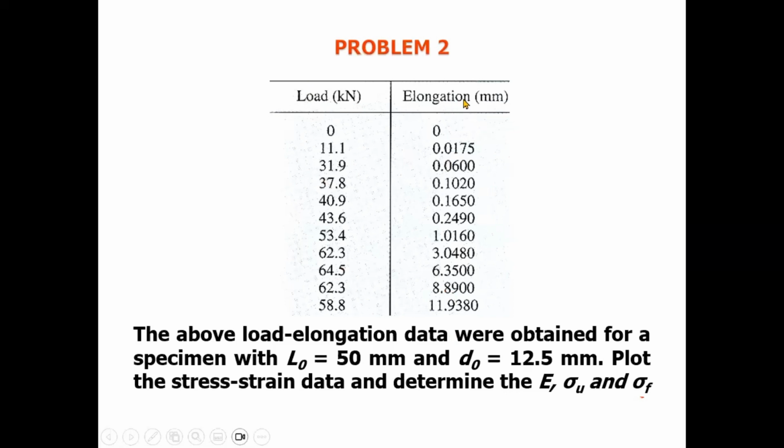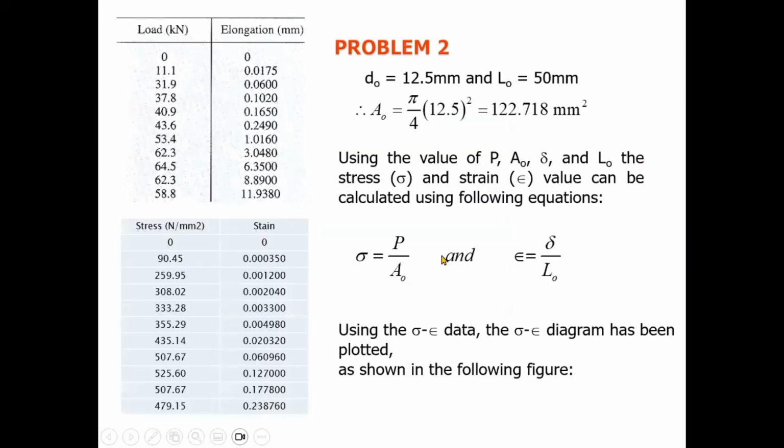It is in kilonewton and in millimeter. 0 is the first reading, then 11.1, 31.9, and so on. On the basis of these load applications, this is the change in length that occurs, 50 plus this change. Now, on the basis of load and elongation, we can determine stress and strain.